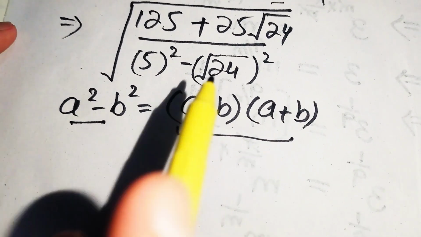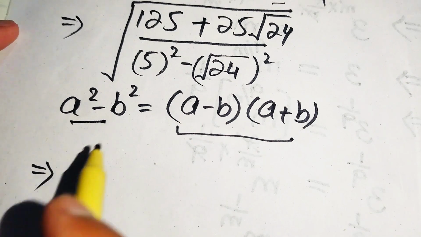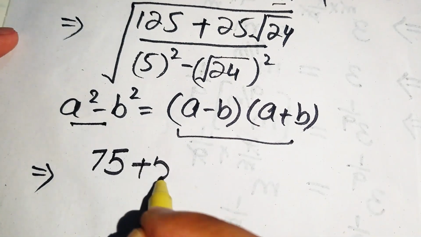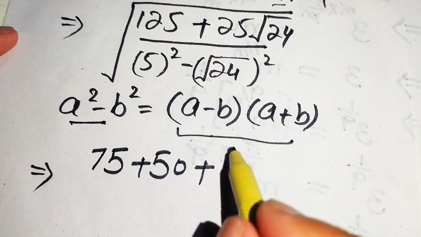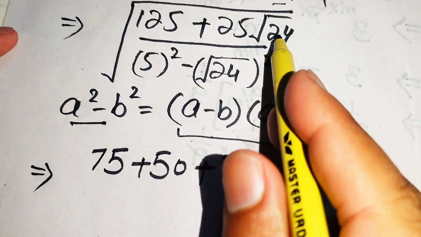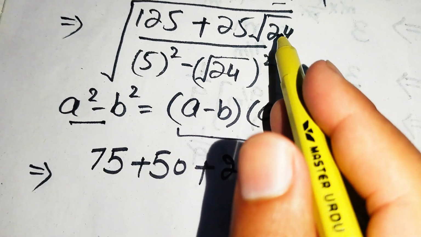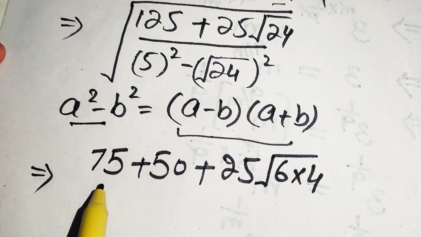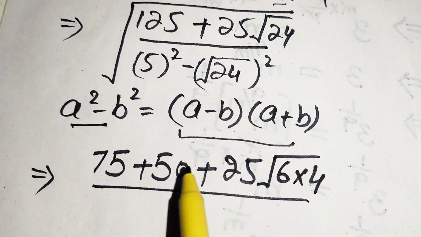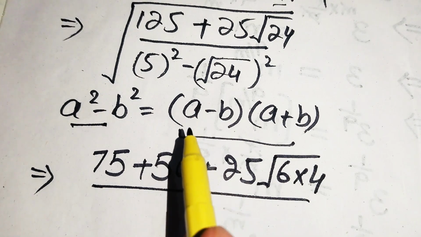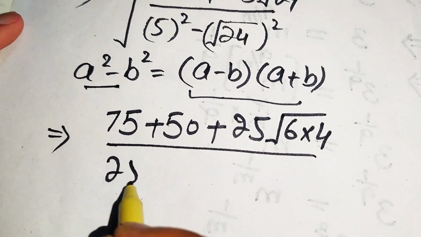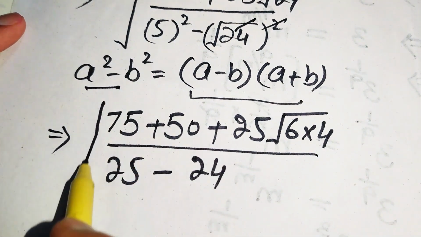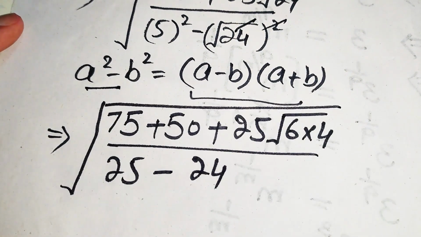After that we need more simplifications, and here we write this 125 as 75 plus 50, and plus 25 into the square root of 24, where we write 24 as 6 times 4. We know that 6 times 4 becomes 24. And here we have 5 squared, which equals 25, minus the square of the square root of 24, where the square and square root are gone, and we get 24.